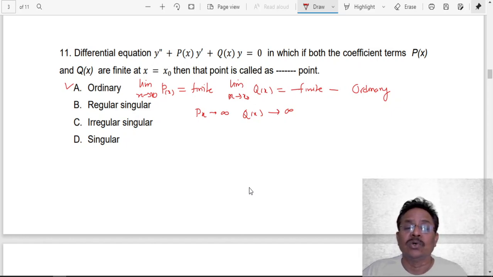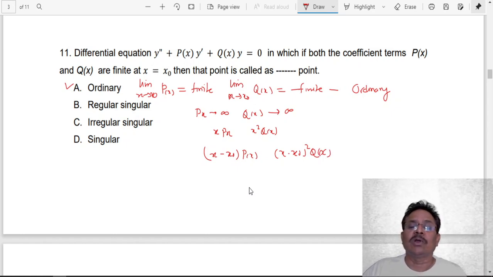For irregular singular, we check x minus x0 into p of x and x minus x0 square into q of x. So that is the condition also known for irregular singular. Whether they remain finite or infinite, based upon that, we can go for this third type of singularity, that is called irregular singular.